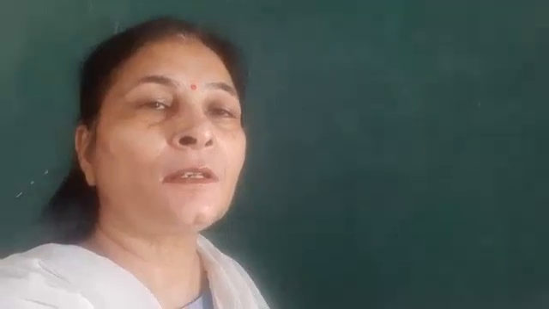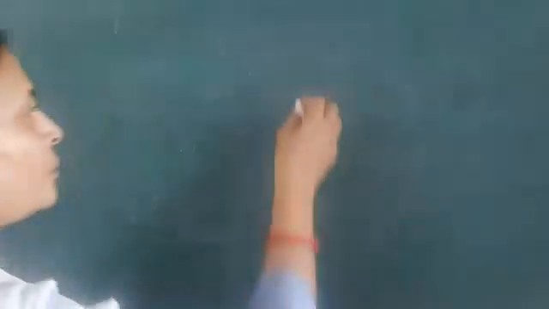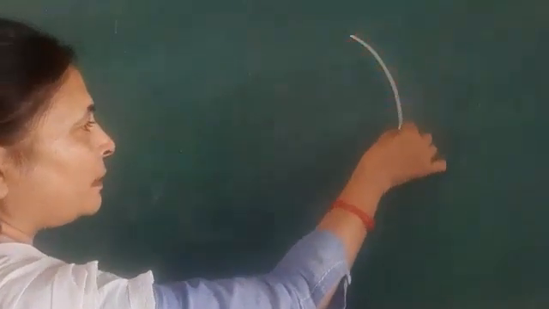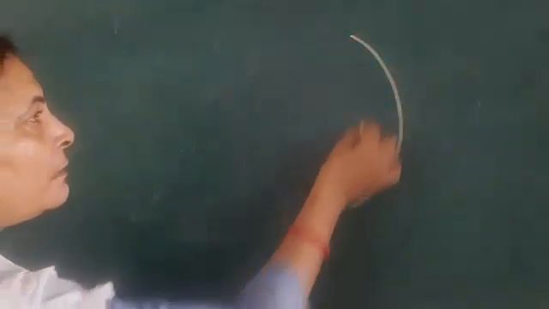Good morning students. Today we will talk about some definitions associated with spherical mirrors. As I told you beforehand, a spherical mirror, say I will take an example of a concave mirror.